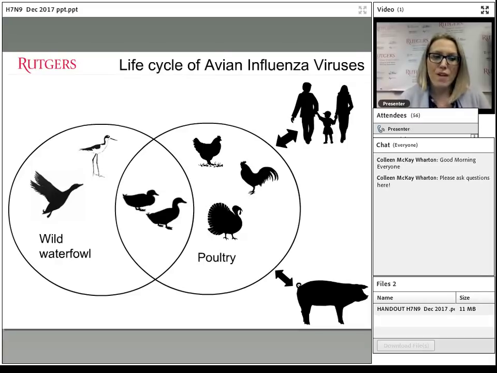But the wild waterfowl can have contact with domestic waterfowl, like the birds we see in our parks and ponds, and those animals may also come into contact with poultry. The overlap with these animals tends to be found in avian farms or avian slaughterhouses.